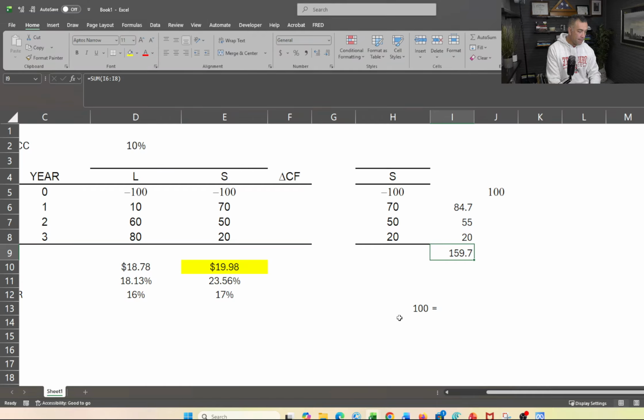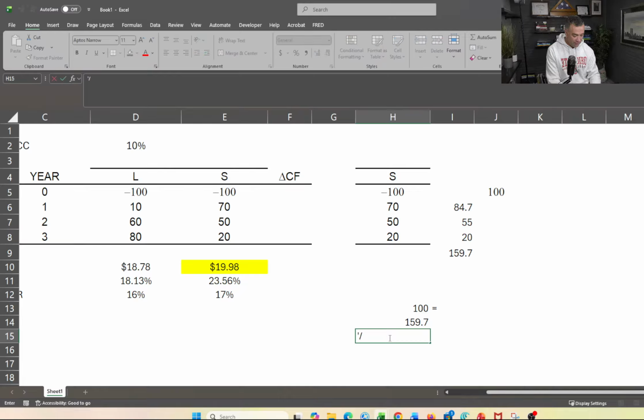So I'm going to go equals, I'm going to add that there. And what we want to do is divide that by, and this is what it looks like. Again, look at the PowerPoint, how it has it.